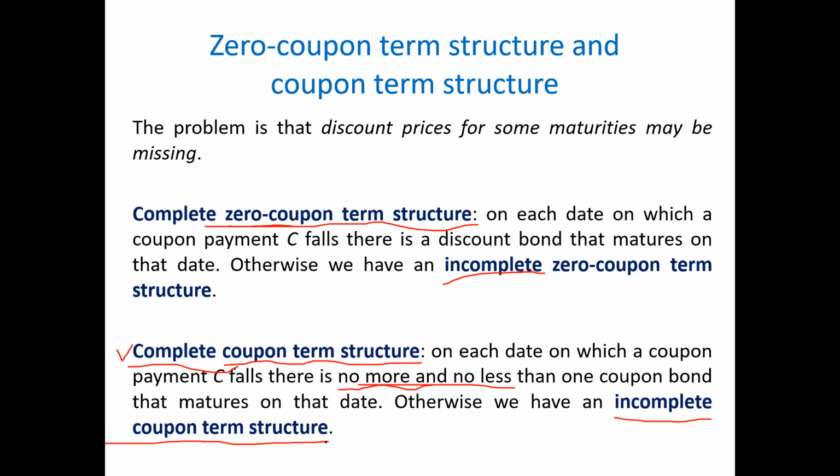We already studied the UK in the first tutorial, so you got this Excel file from the Debt Management Office, so you might say something about whether the UK has a complete or incomplete zero coupon term structure.